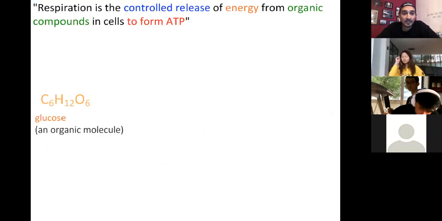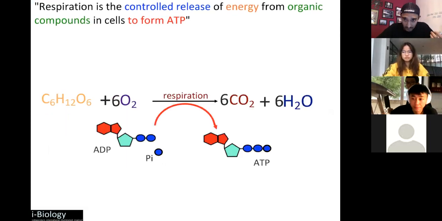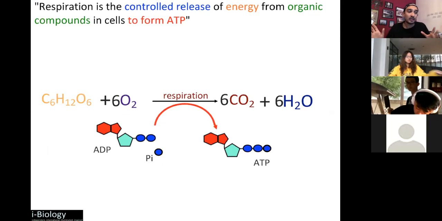Okay, so to start very simply, recap from SL lesson. First, your reaction: glucose plus 6O2 gives 6CO2 plus 6H2O. And in that process, we are generating ATP. Now, this whole HL topic is assuming aerobic respiration.